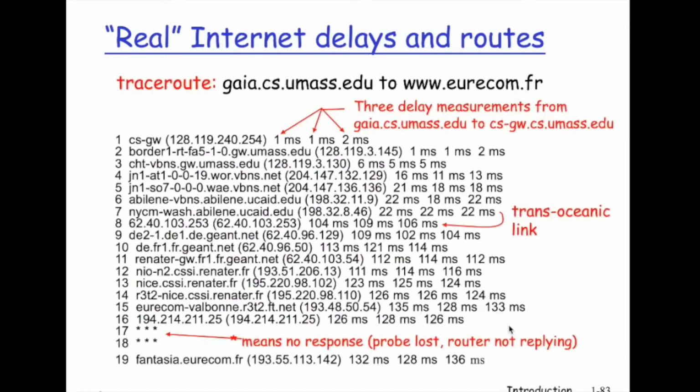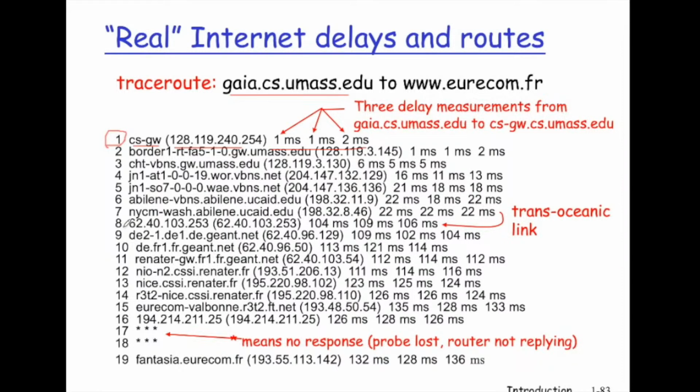The output of the program looks like this. This is an example. Traceroute from Gaia.umass.edu to Oracom France. So this is saying first hop router's name is cs-gw at IP address 128.something.something.something. And there are 3 round trip time estimations, 1 and 2 milliseconds respectively.